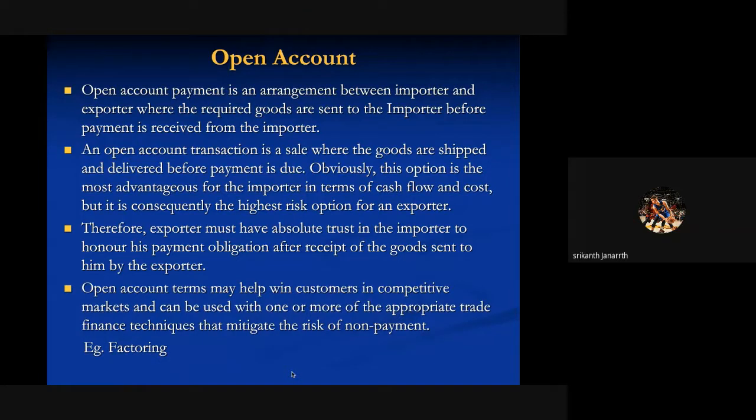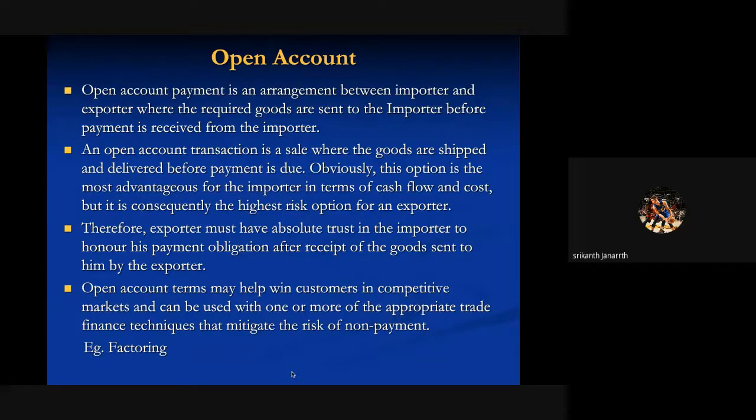So what happens? It gives a very competitive advantage to the importer, because he doesn't need to put in his working capital at all. He simply gets a credit period. And on the other side, the exporter has a market, because there are people who are willing to buy on open account terms, right?